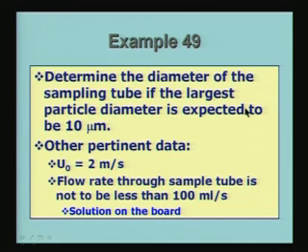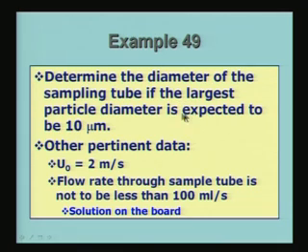So, let us take an example just to see what the numbers are. I am taking a simple case of a mixture where various diameters are present, and let us assume that the largest diameter of particles present is 10 micrometers. We want to determine the diameter of the sampling tube.